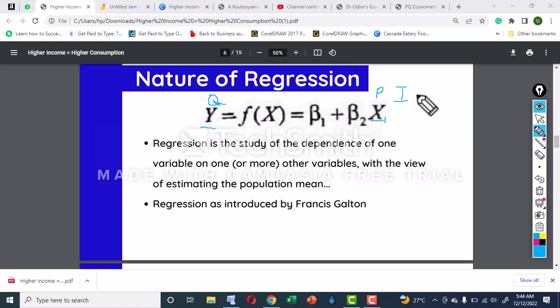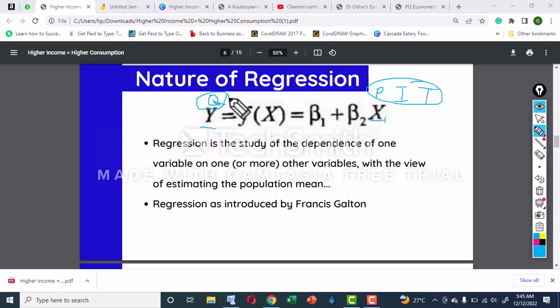But if we want to put more variables that actually explain our dependent variable Q, we will have something like price, income, taste, and so on. These are the explanatory variables. They are explaining this dependent variable. This one depends on them.